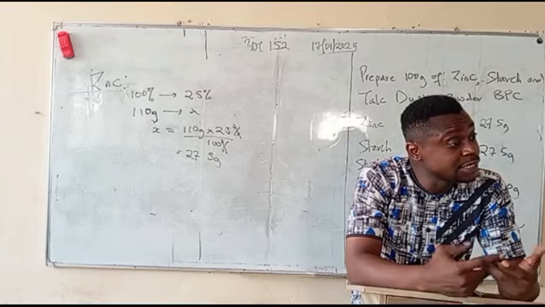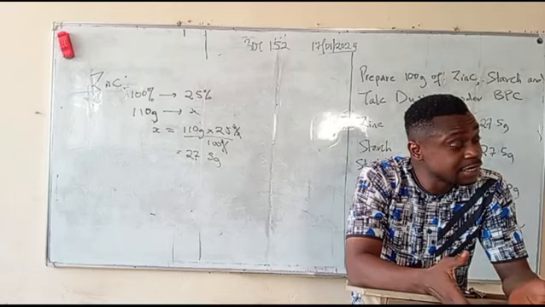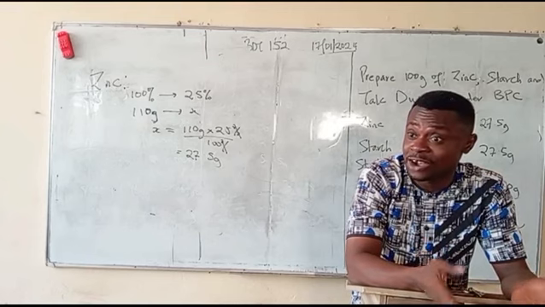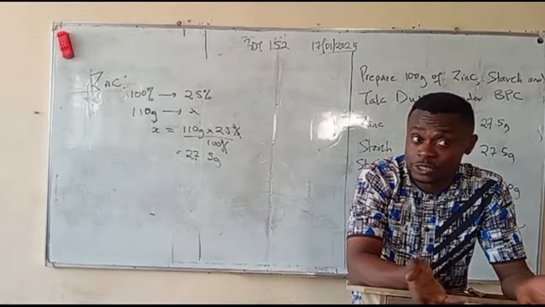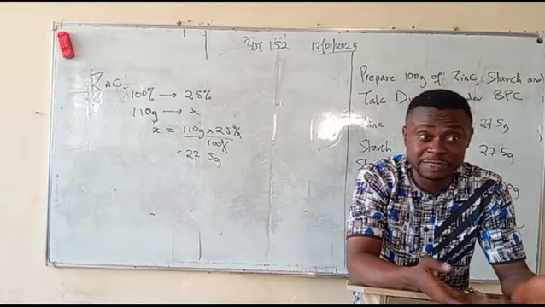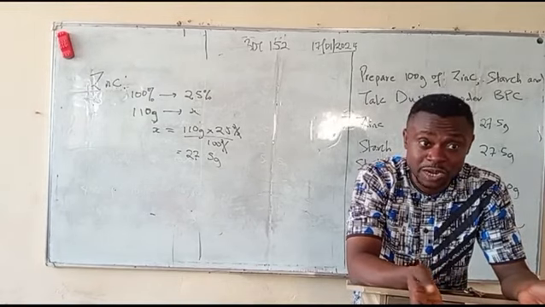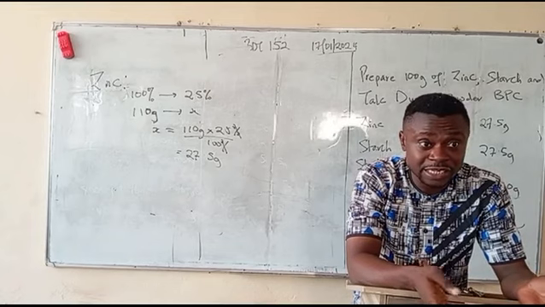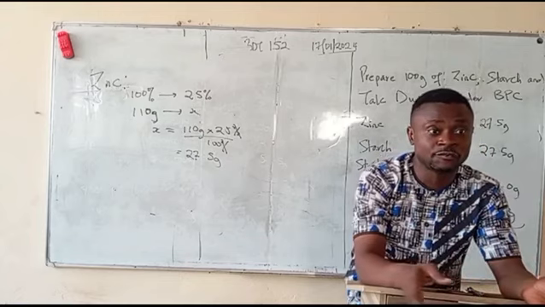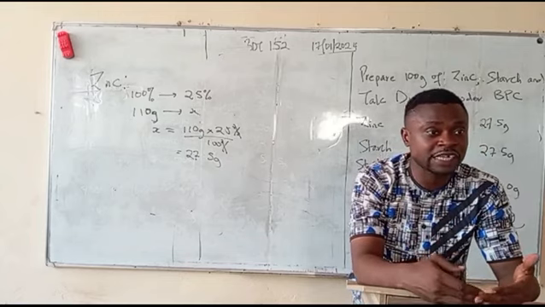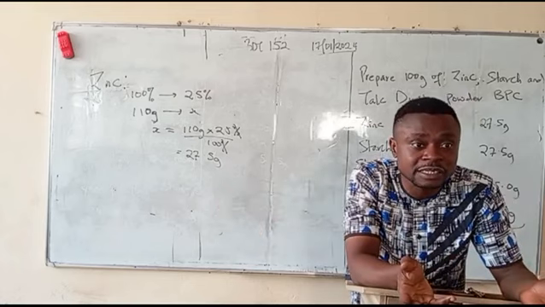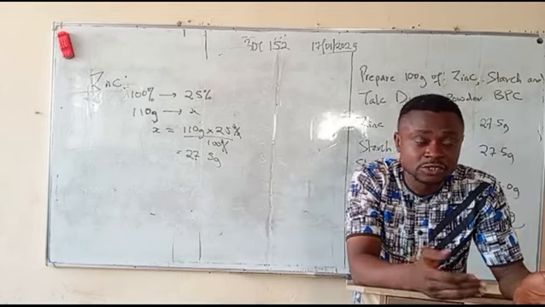I should describe percentage for you again. If you have a powder of quantity like 100 grams, and you are told that not more than 60% of it can pass through this sieve, what does it mean?